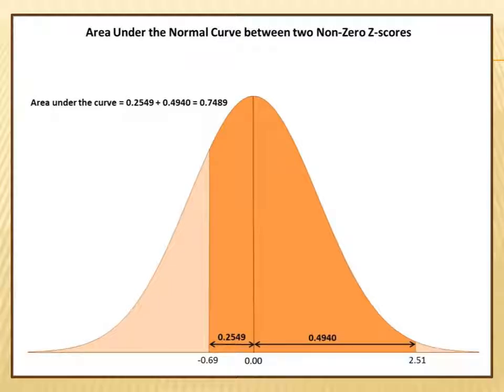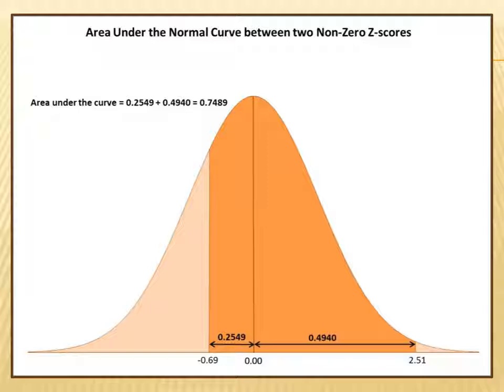Drawing the normal curve, we first will identify where minus 0.69 will fall in the curve, and we'll see that the highlighted area of the proportion of the curve between 0 and minus 0.69 is 0.2549. We now identify where the z-score of 2.51 would fall into the curve, and indicate that the area between the mean of 0 and 2.51 is 0.4940.